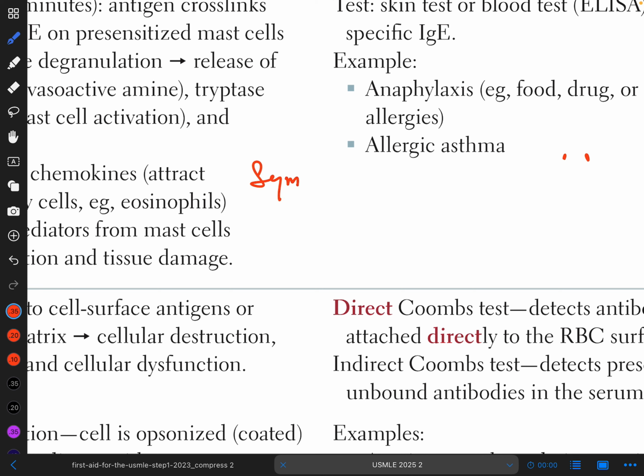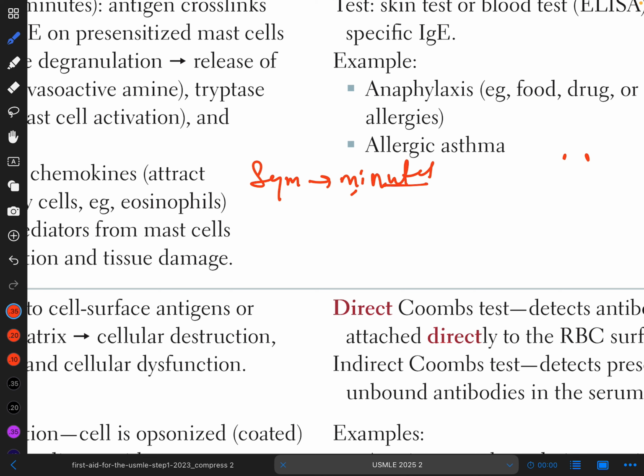The symptoms occur within minutes, due to degranulation of the mast cell, which releases preformed mediators like histamine, and synthesizes and releases leukotrienes and prostaglandins, causing edema, redness and itching.